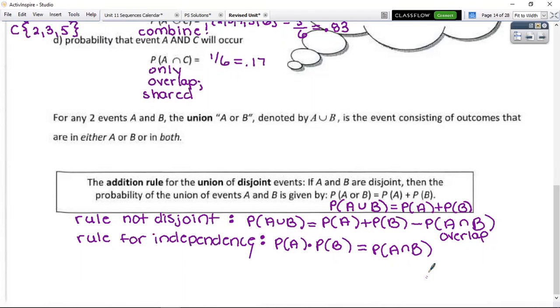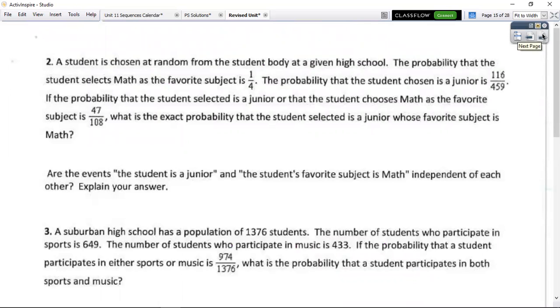So here's your first example on the back. And anytime you have a big paragraph, such as this, I like to start pulling the math kind of off to the side so you can kind of isolate it. So it says, students chosen at random. The probability that the student selects math as the favorite subject is 1/4. So I'm going to come over here and I'm going to say probability of math, I'll just use M, is equal to 1/4.